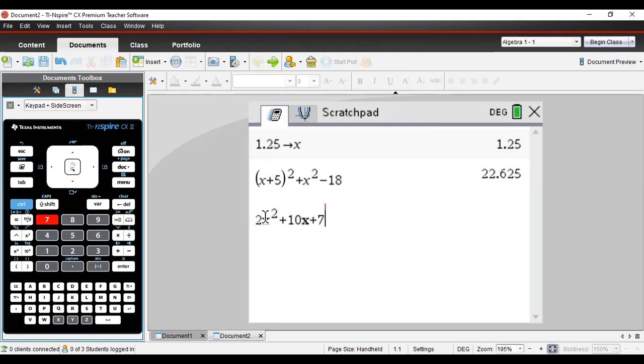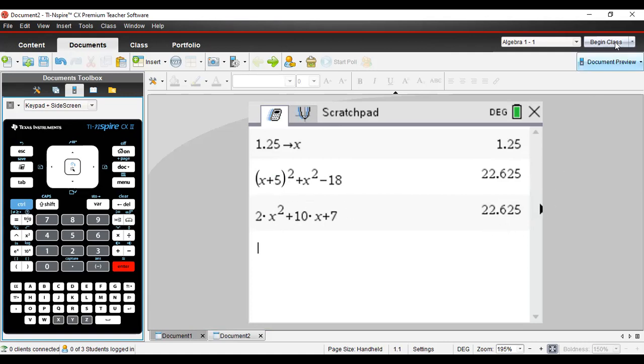Now, if the algebra that we did, the combining like terms, getting rid of parentheses, is right, we should get the same output. And we do, 22.625. And our final answer is also 22.625 when you store in 1.25 for the x's.